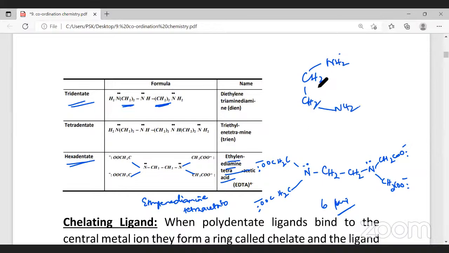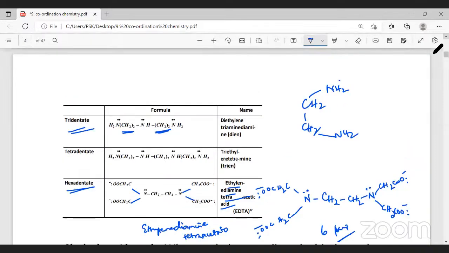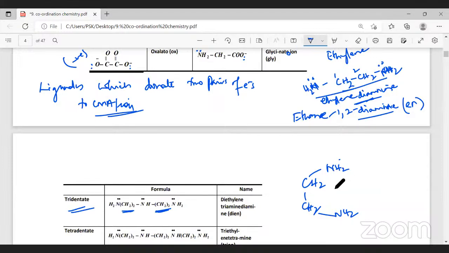This is nothing but ethylene diamine or ethane 1,2 diamine. This is the same molecule I've written. Instead of writing it in a straight line, I've just made a curve like this. This nitrogen can donate a pair of electrons, and this nitrogen also can donate a pair of electrons.